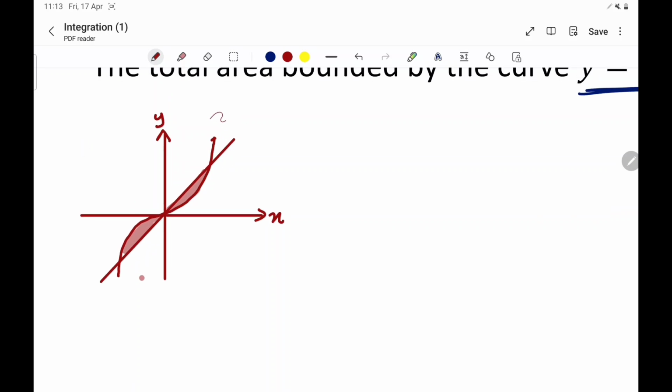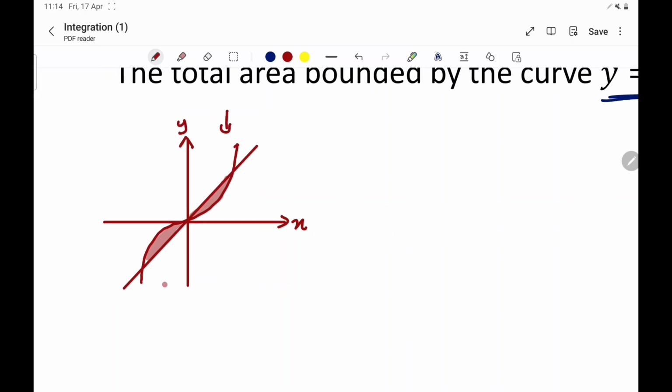If you check from here, for the positive region of x, by right your upper is linear, so upper is x, lower is x to the power of 3.